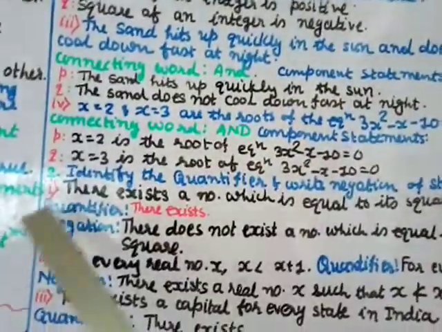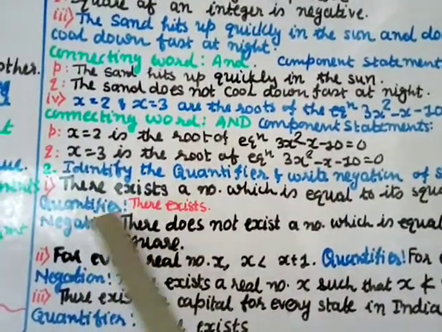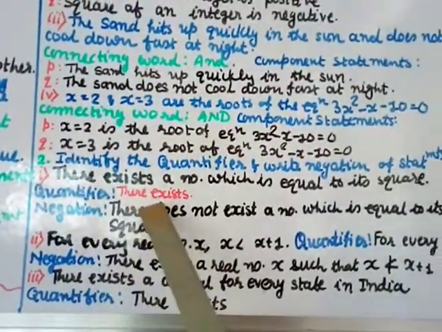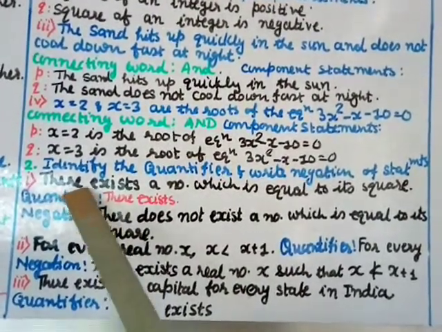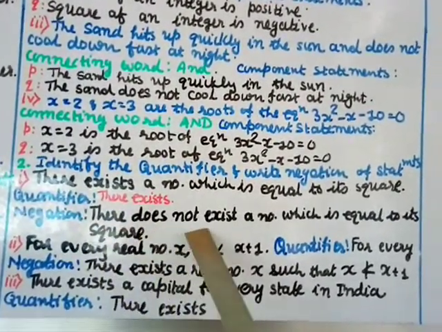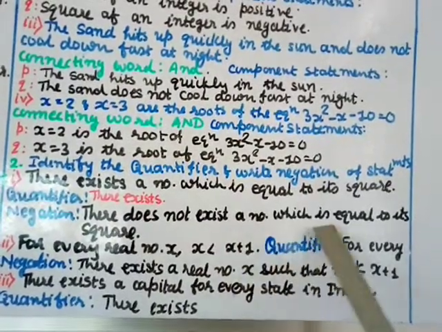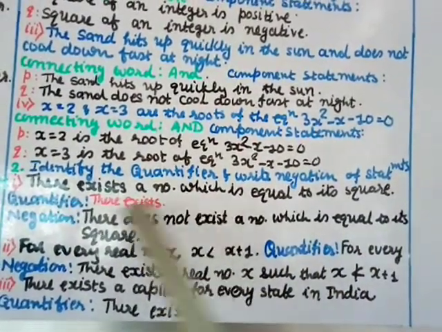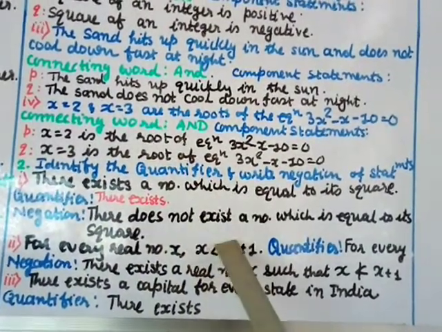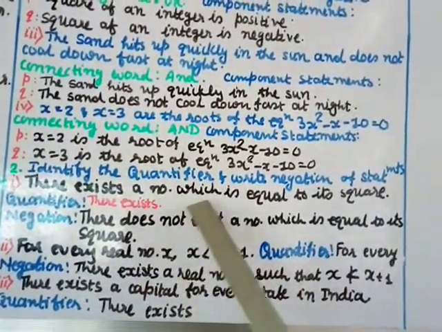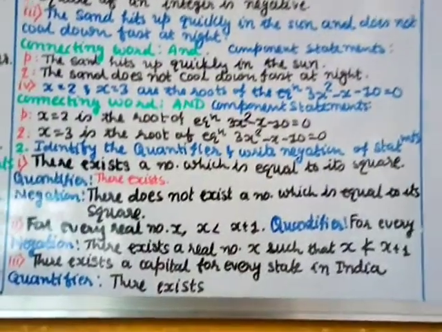So you can see here very clearly that there exists is the quantifier, right? And the negation of this will be there does not exist a number which is equal to its square. Okay, so there exists I have written as there does not exist, and the remaining things I am writing as they are.